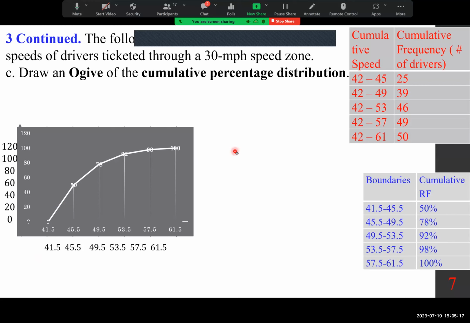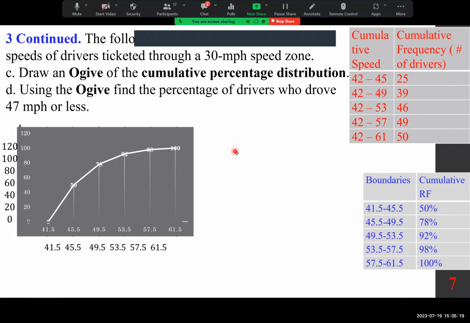Now, what is it good for? The following type of question. Using the ogive, find the percentage of drivers who drove 47 miles per hour or less. So we are going to locate 47 along the horizontal axis. And corresponding to that, we find the value along the vertical axis.